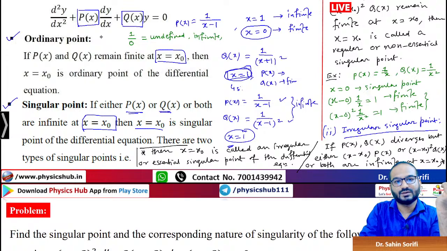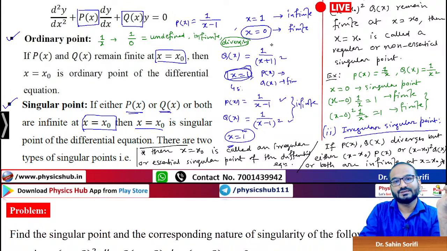If it is 1 by x, then you can say at x equals to 0 it is diverging. So there is a slight difference between infinite and diverging. Infinite means you are putting exactly 0. Diverging means maybe you are putting an infinitesimally small number.